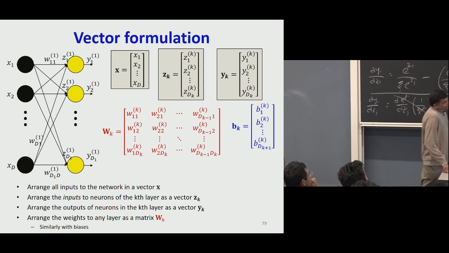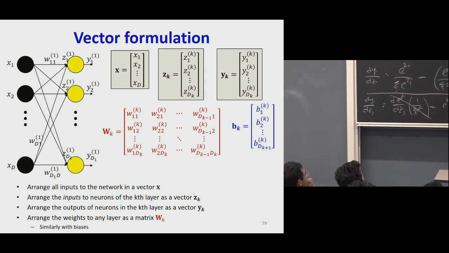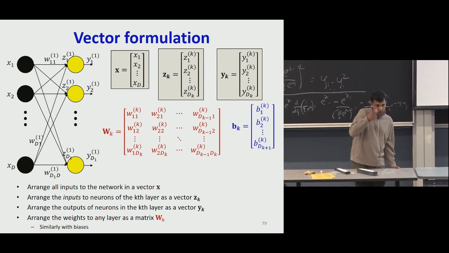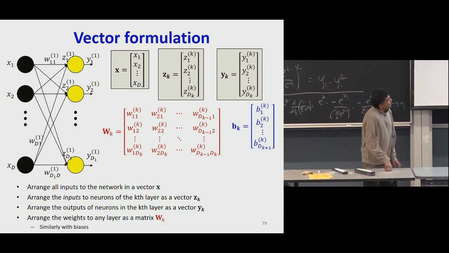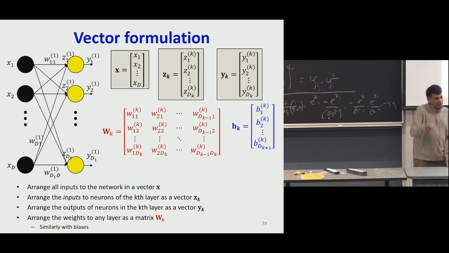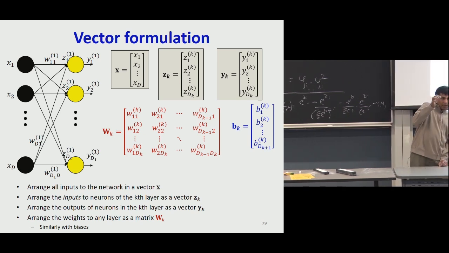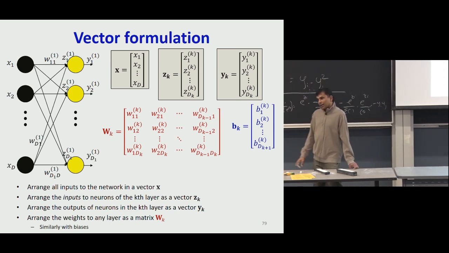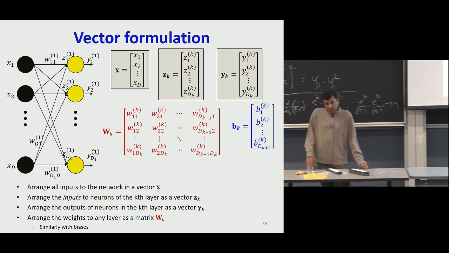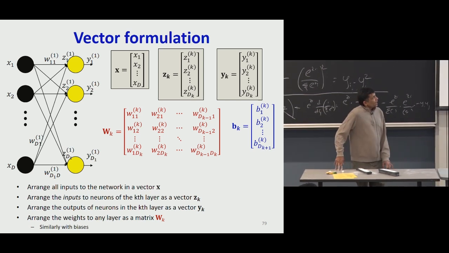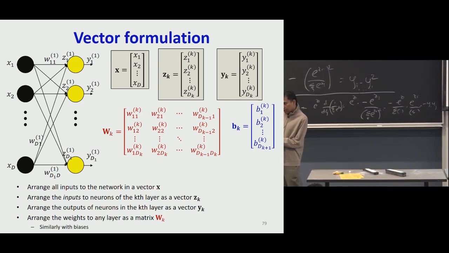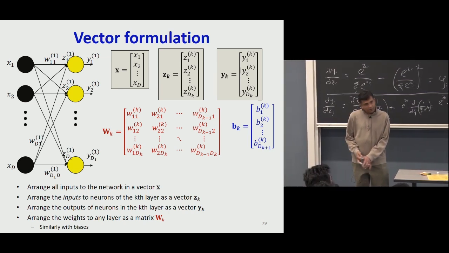Consider this. I can put all of the components of the input in one vector, x. I can put all of the z's, all of the affine combinations going into each of my neurons, into one vector z, and then I can have the y's, which are the outputs of these activations, also written as a vector, right?